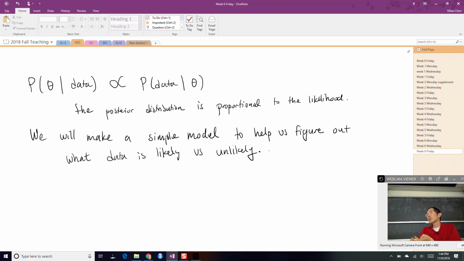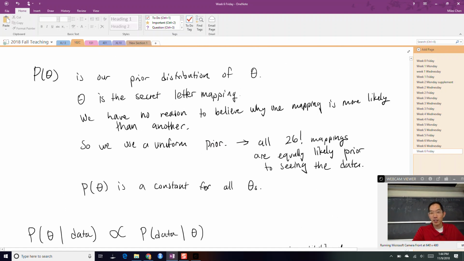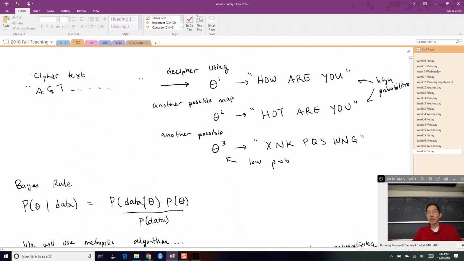If it produces nonsense words like XNK and WNG and PQS, then we'll say this is probably not correct, okay? So, keeping it simple, we're just going to ask: are we producing real words versus nonsense gibberish? And we're going to assign higher probabilities to real words and lower probabilities to nonsense gibberish, okay?